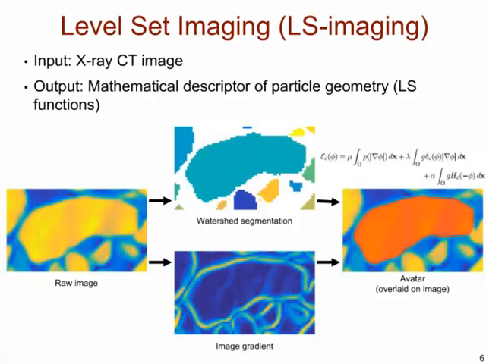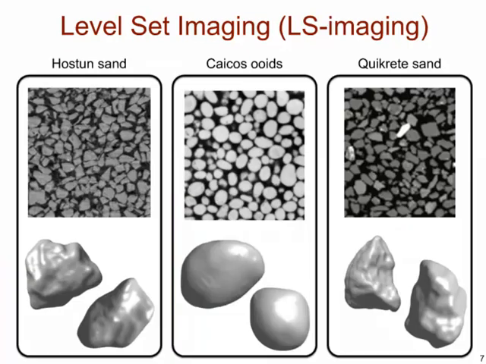Inside of a particle, you're going to have negative values of the contour map. Outside of a particle, you're going to have positive values. At the particle boundary, you have exactly 0. That defines the shape or the boundary of your particle. So you can do this for every single particle extremely fast. So for every particle, there is a level set. And this is the result, the main example here with 3 different types of sand.